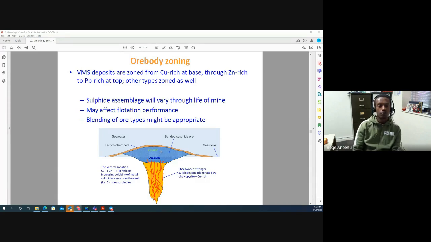So already, when you look at the deposit, you have different zones. Some zones are rich in lead, some zones are rich in zinc, and some zones are rich in copper. So why do we care?